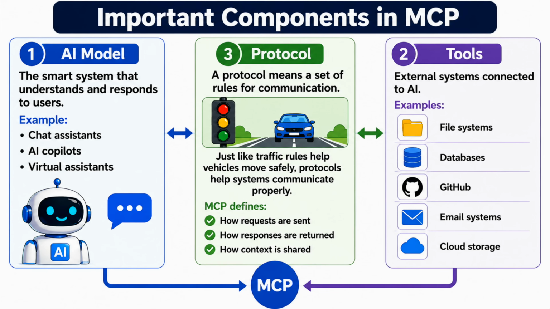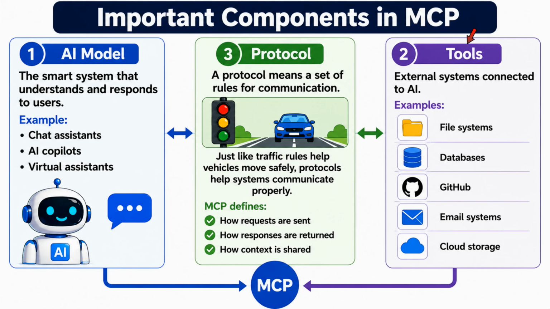Now we will see important components in MCP. First one is AI model. This is a smart system that understands users and gives responses. For example, chat assistants, AI copilots, and virtual assistants. Second one is tools. These are external systems connected to AI.